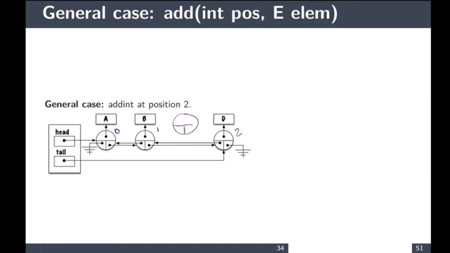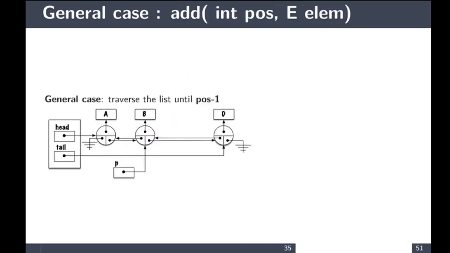We would like its previous to be our current 1. Its next will be what is currently our element at position 2. We need to make sure that the element before is pointing at this new node, and that the previous of the element after is pointing at the new element that has been added.